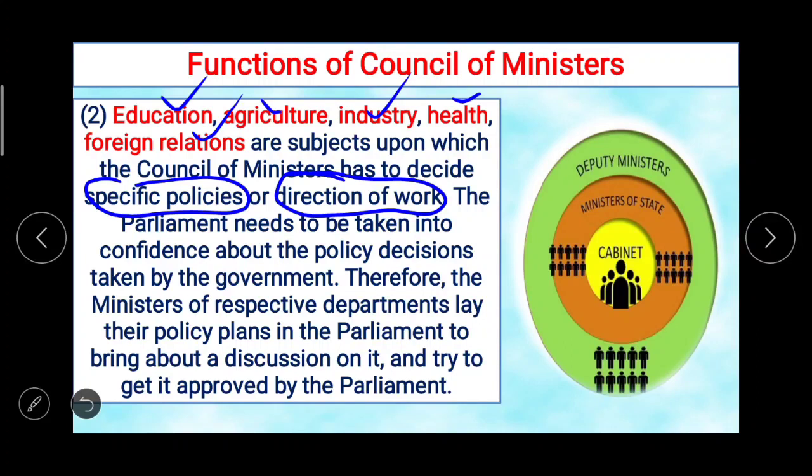The Parliament needs to be taken into confidence about the policy decisions taken by the government, and therefore the ministers of respective departments lay their policy plans in the Parliament. और जैसे ही वो अपना प्लान पार्लियामेंट में लाते हैं तो उस पर डिस्कशंस होती है, डिबेट होती है, and then the process of approval. और जब अप्रूवल होता है तो फिर वो हाउस से आगे जाता है to the President, फिर साइन होती है and then it becomes an Act.